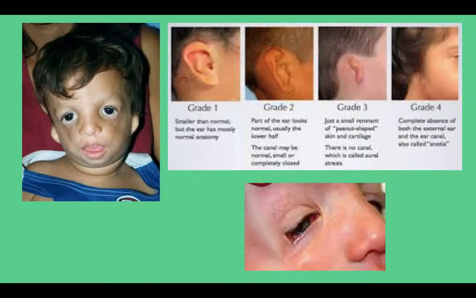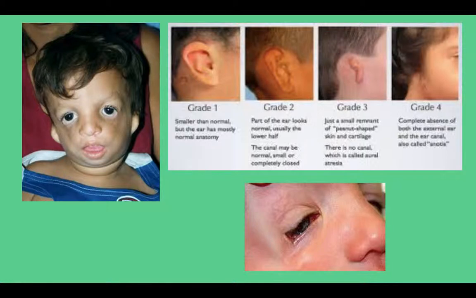So grade 1 is a little bit smaller pinna than normal, but typically has normal anatomy that can still be seen. Grade 2 is somewhat normal anatomy. Lower part of the ear could look a little bit different.